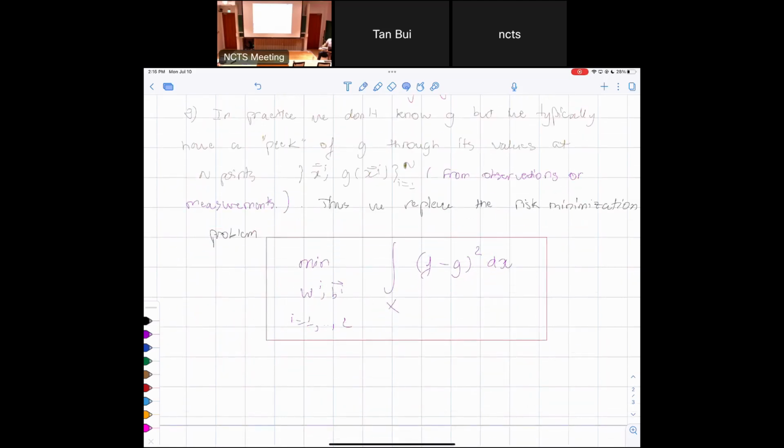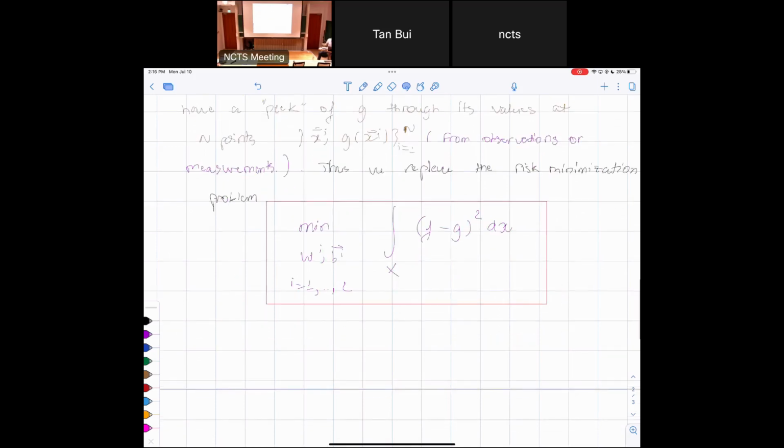We're going to replace this risk minimization problem by the so-called empirical risk minimization problem. This is quite popular, ERM, the empirical risk minimization problem.